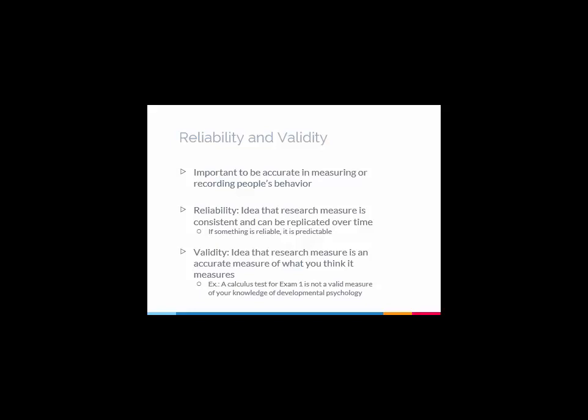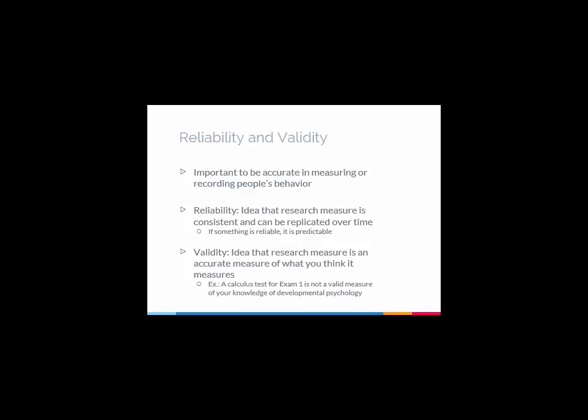When it comes to measurement, there are two criteria that are very important. First, it's important to be accurate in measuring and recording people's behavior. So reliability would be this idea that a research measure is consistent and can be replicated over time.